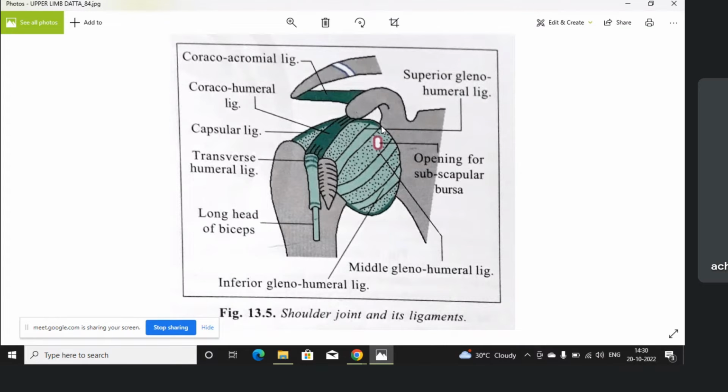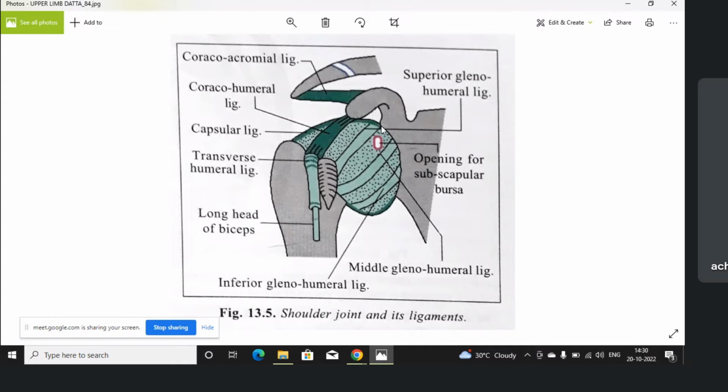See here, this is the peripheral margin of the glenoid cavity. It looks like a pear-shaped cavity. At the peripheral margin, there is the attachment of the capsular ligament.